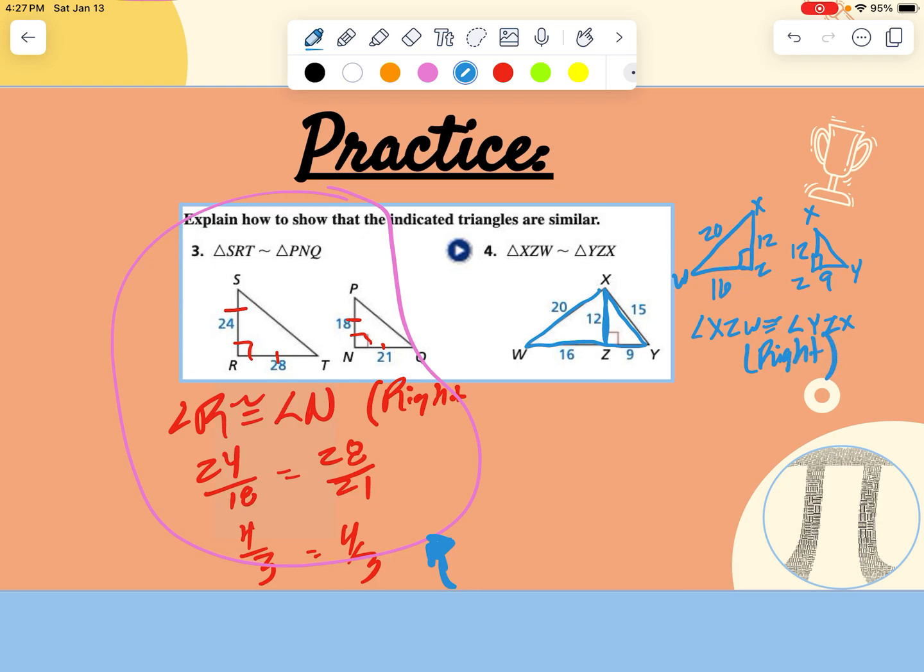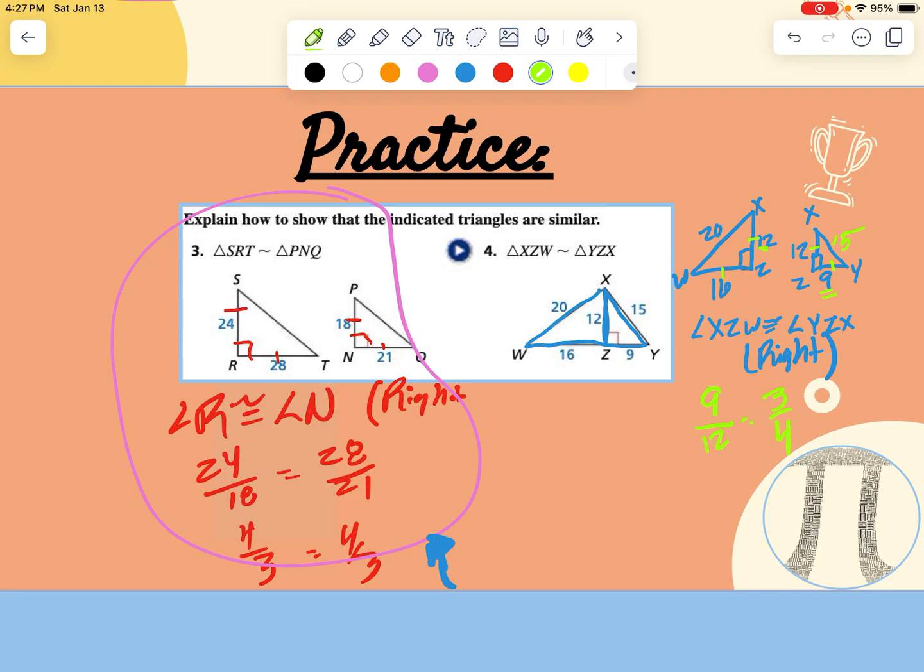Next, to figure out what sides, it's your instinct to say, oh, look at this side over this side, because they share that side, but that's not what we want to do. We want to take, and this is 15, the two sides that are around the right angle, the angle that we're using. We want to take the smaller one first, 9 over the smaller one over here, which is the 12.